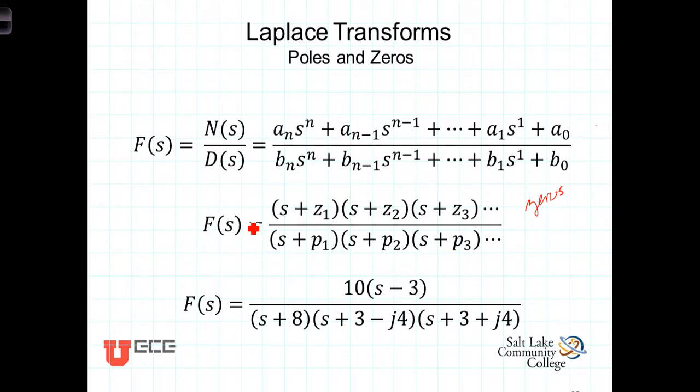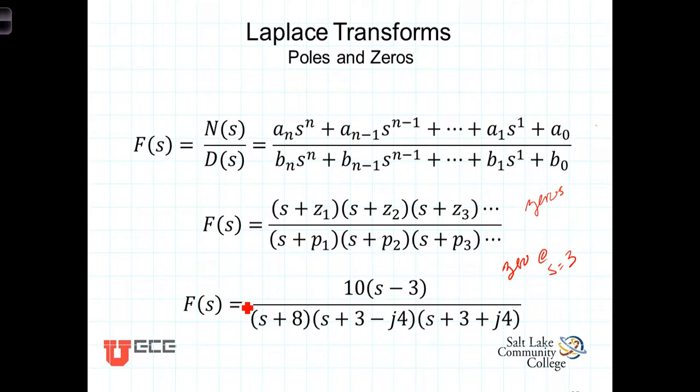So for example, here we've got a function f of s that has one zero at s equals positive 3, because when s equals positive 3, the numerator goes to 0 and the function goes to 0.